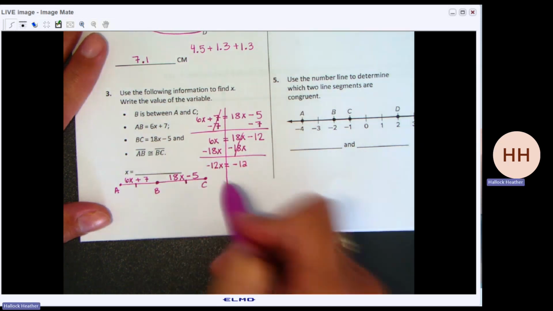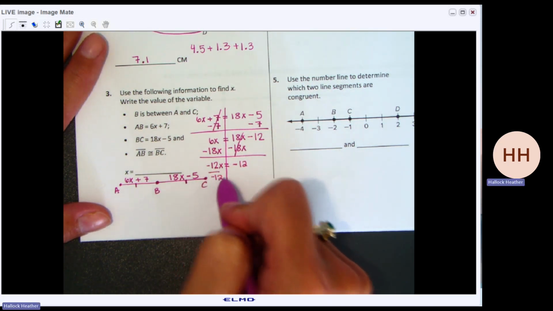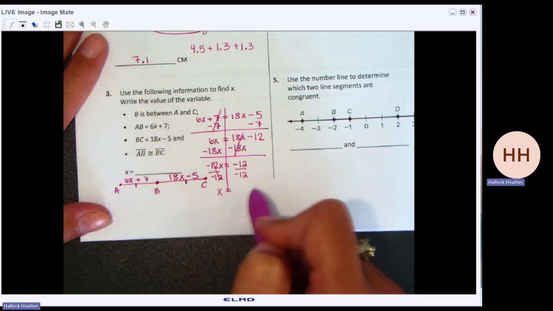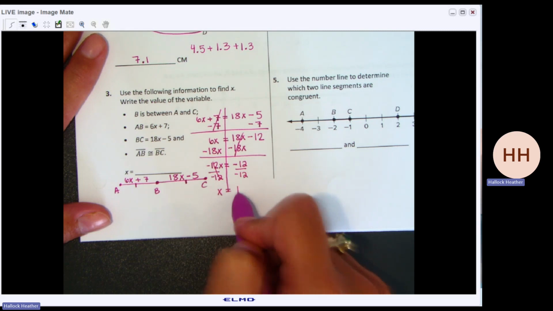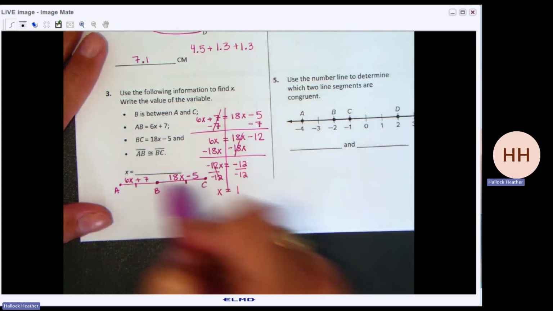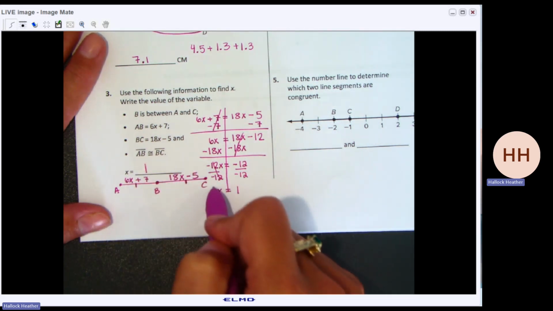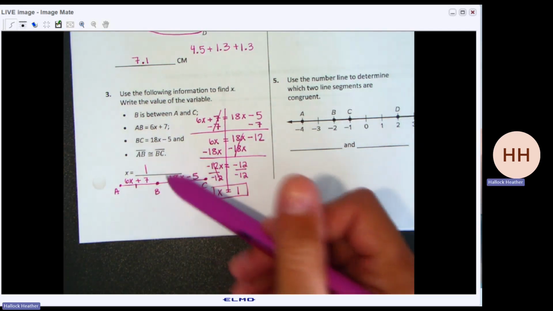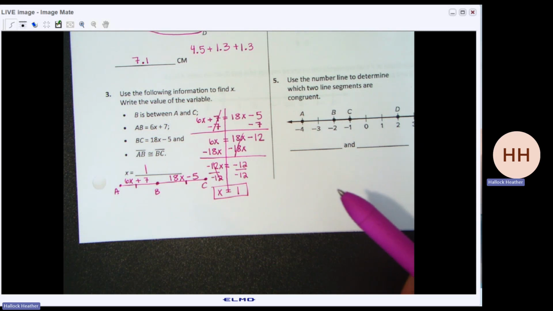Last step I need to do is divide on both sides. Negative 12 divided by negative 12 is positive 1. So my answer, x equals 1. If it wanted a dimension, I would have to plug it back in, but that's not what I'm looking for.